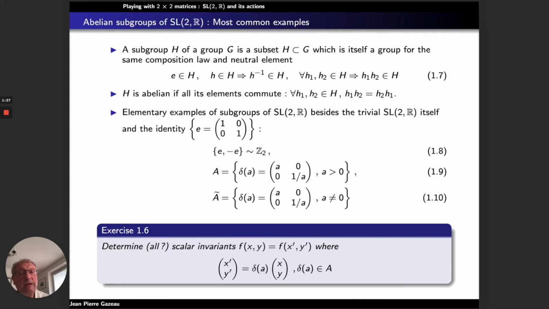That means for any h1, h2 in capital H, h1 h2 is equal to h2 h1.